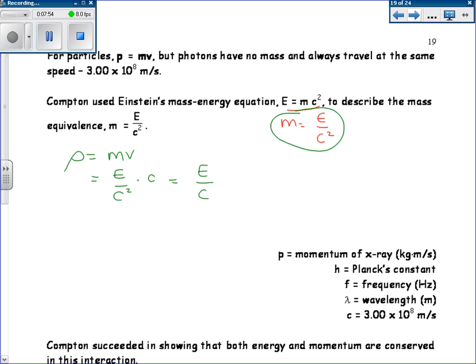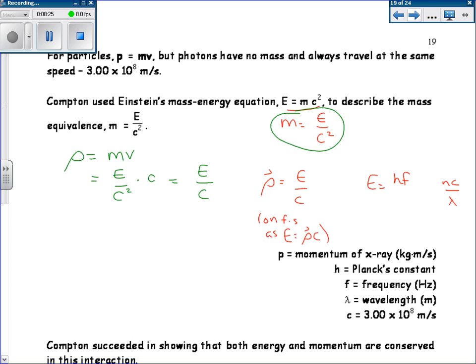So if momentum is energy over c, so we have this here, I might run out of space, but we've got momentum is energy over the speed of light. This is on your formula sheet as energy is equal to momentum times the speed of light. And we know that energy is equal to h times f, or hc over lambda.